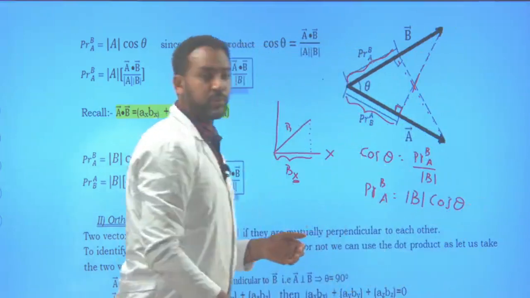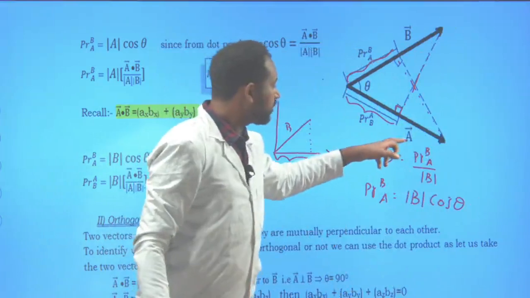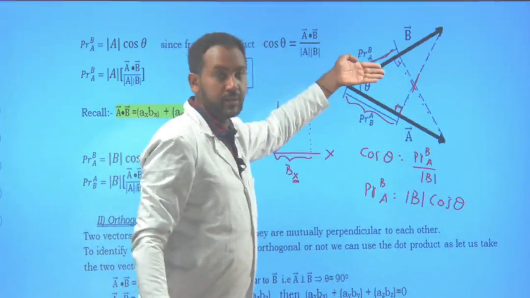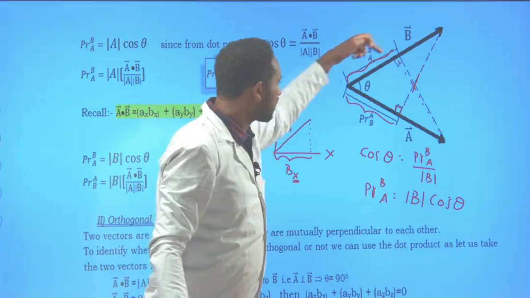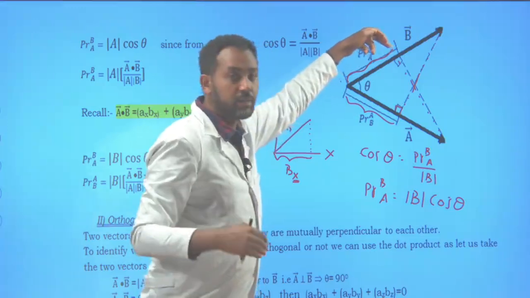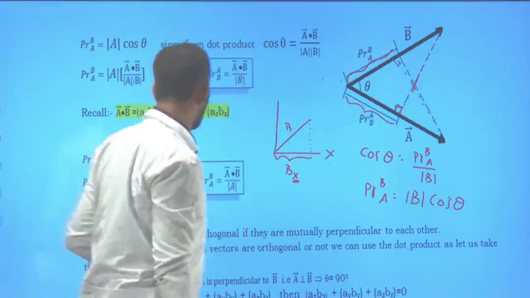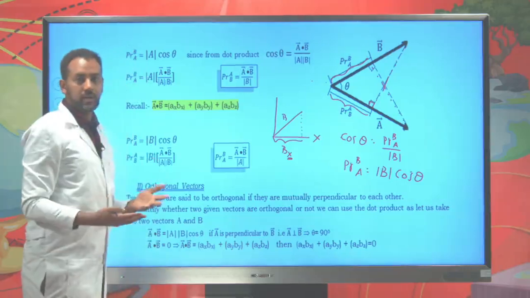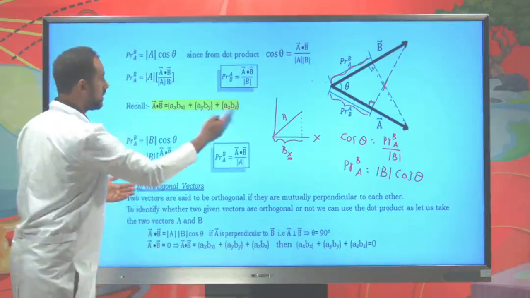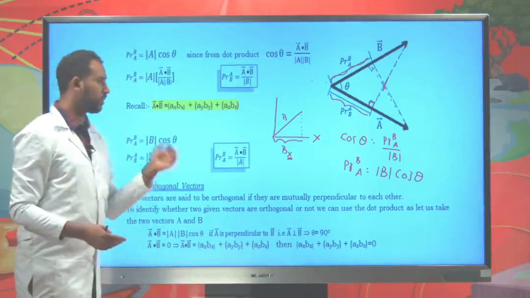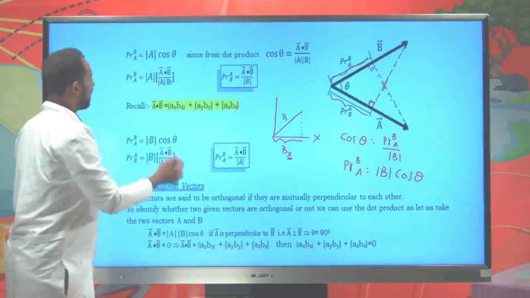The same is true for the projection of vector a onto b. That means the distance from this to this is known to be the projection of vector a onto b. This is one good application of vectors. It's possible to find the scalar projection of two vectors.